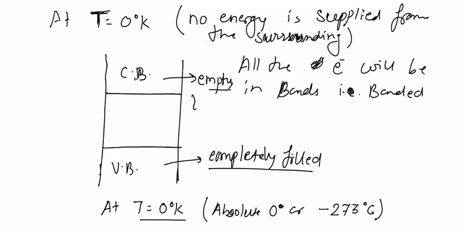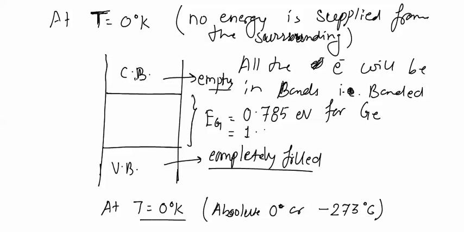This energy band which is separating valence band and conduction band has width Eg nearly 0.785 electron volts for germanium, and around 1.21 electron volts for silicon.